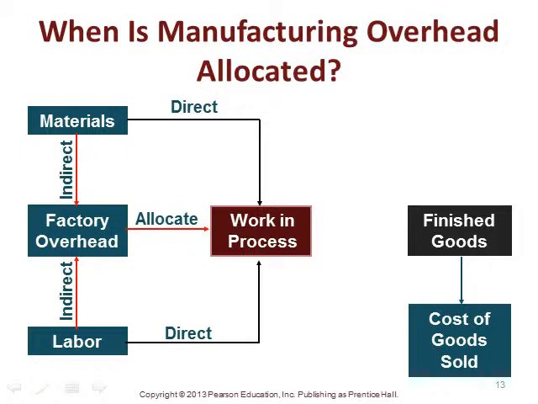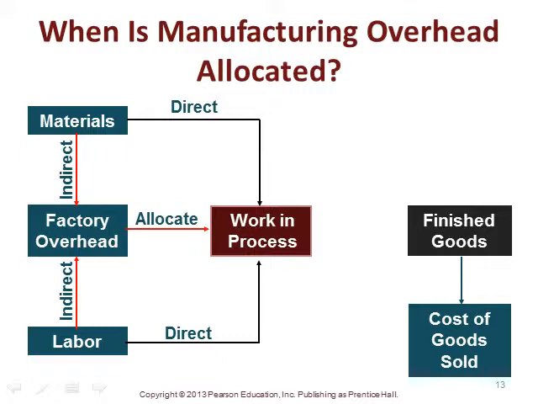We also have indirect flows from labor and materials, and again, materials include everything, direct and indirect. So maybe it's the oil on the production line used to maintain the machinery.